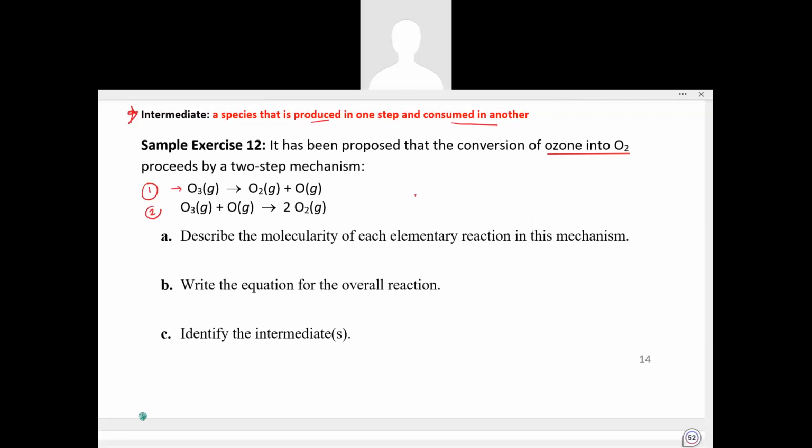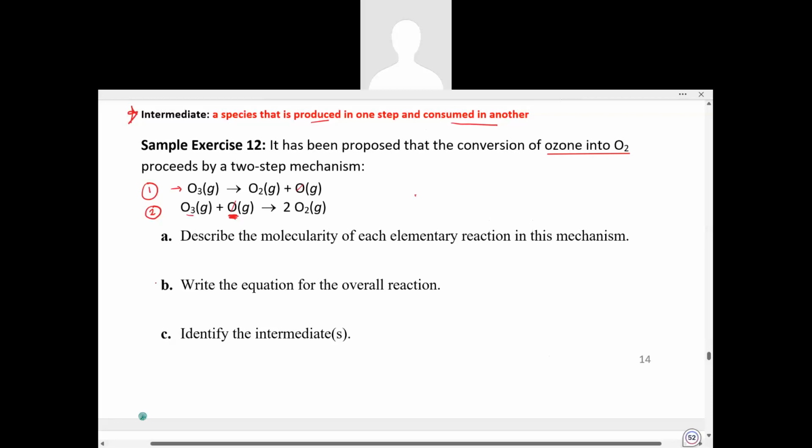And then we have a second step here, in which ozone, again, is our reactant, but now it reacts with one of the products that was produced in the first step. So we can actually cancel these out in a sense, just like we did when we talked about net ionic reactions. These intermediates will not be part of our overall reaction. So we'll keep that in mind for part B.